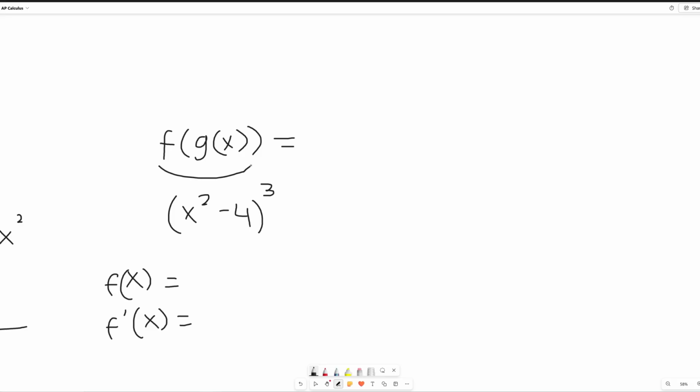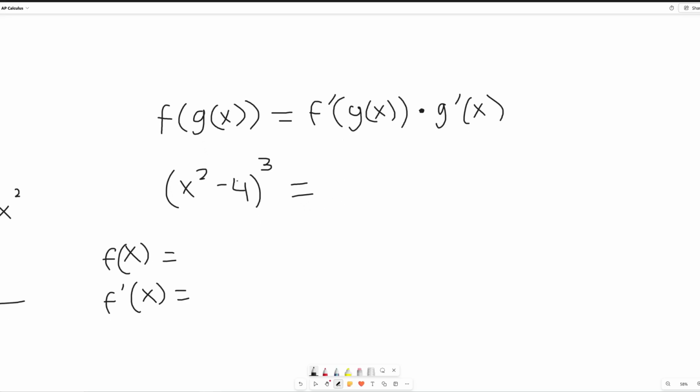Well, you have derivative outside times the inside function times derivative of the inside function. So that seems a little unintuitive, but all it's saying is you treat this as a variable for the outside function. So this outside function is x cubed. So you have 3 times x squared minus 4 squared.